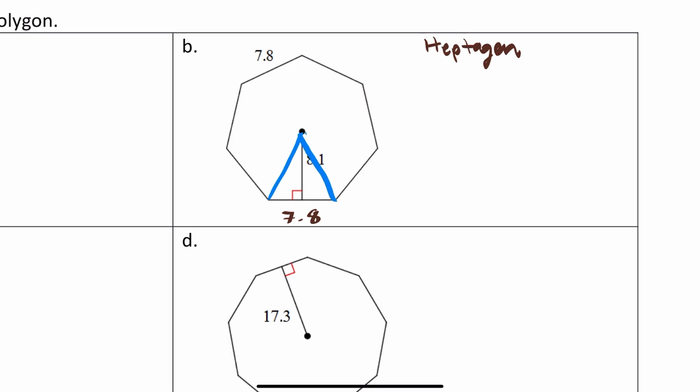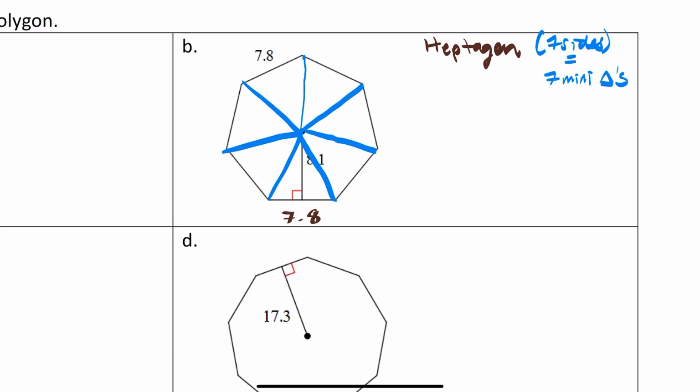It's kind of covering my 8.1, but that's okay. It's nice to have the visual, but remember that the same amount of sides that you have on the regular polygon is how many triangles you have. So like a heptagon, we know it's 7 sides, so 7 sides is going to equal 7 mini triangles.